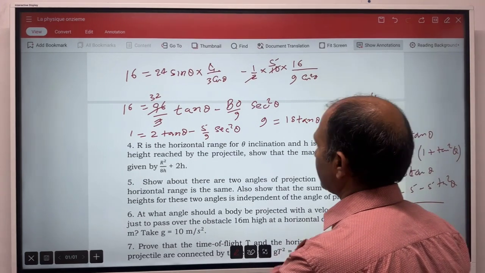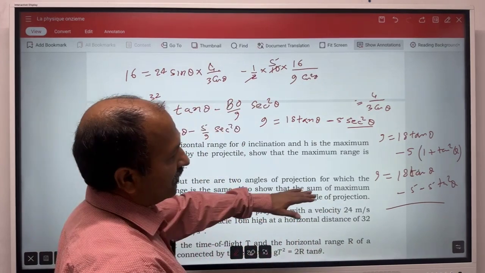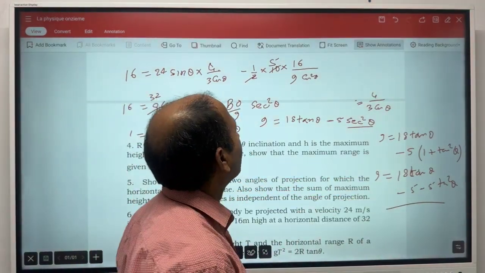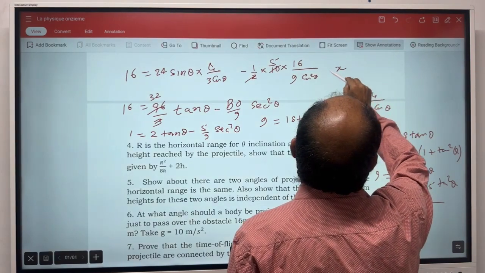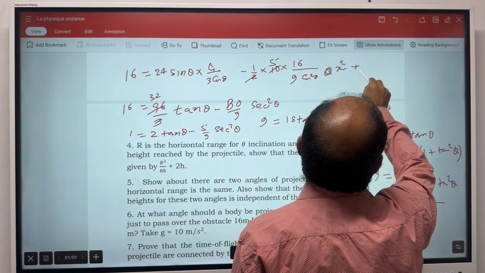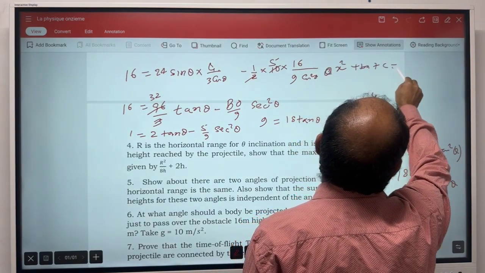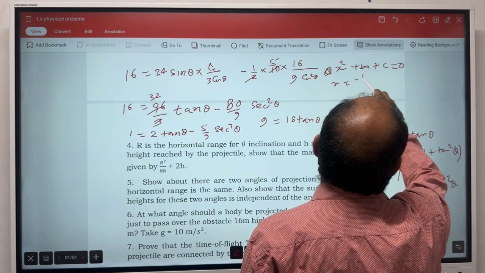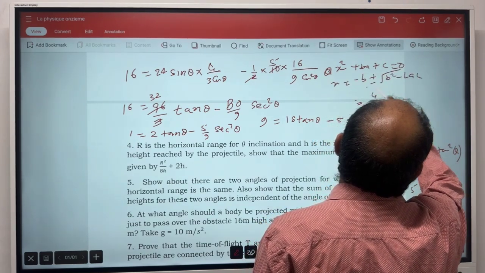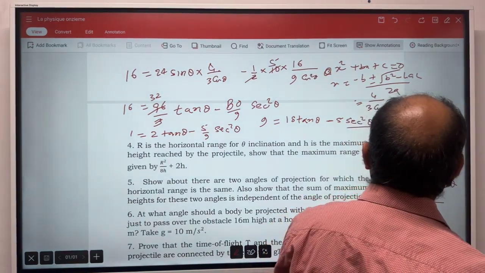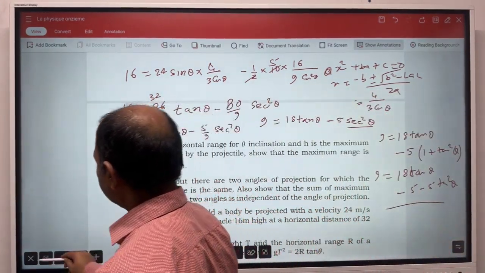This is a quadratic equation in terms of tan theta, and you know how to solve a quadratic equation. Suppose you are given ax square plus bx plus c equal to 0, then x equal to minus b plus minus root of b square minus 4ac divided by 2a. So that formula you can apply to get the answer.